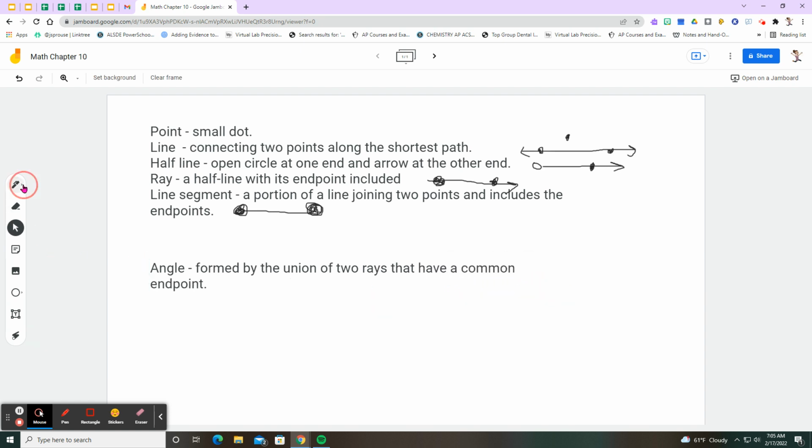All right, so we represent an angle. So we have a common endpoint. So there's one ray. Here is another ray. And they have that common endpoint. So that's our angle. And we represent our angle with that symbol. Okay, so that's the symbol for an angle. One side is called the initial side, the other side is called the terminal side.